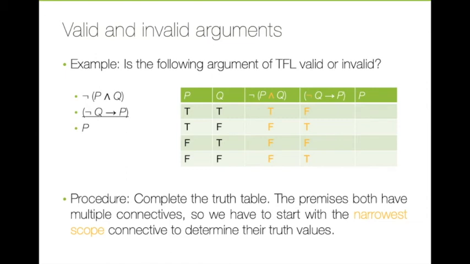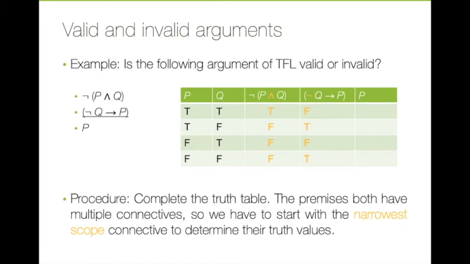So to get the truth value of the whole sentence, we have to start with that narrowest scope connective and work our way outward to the connective with widest scope, the main connective, to get the truth value of the whole sentence. The narrowest scope connective in each of the two premises is marked here in orange.